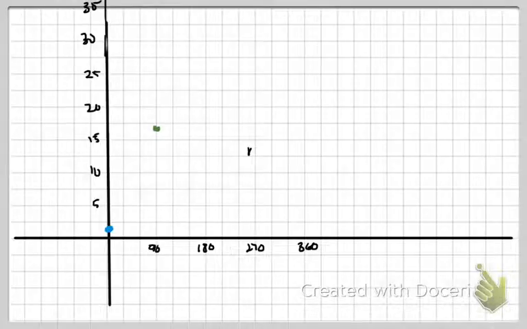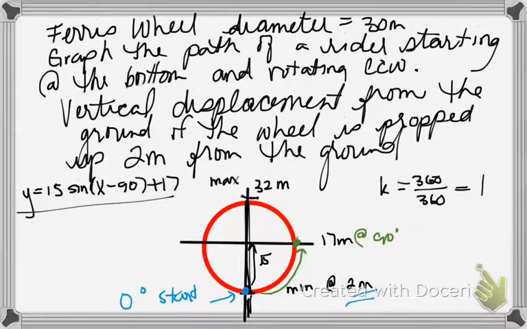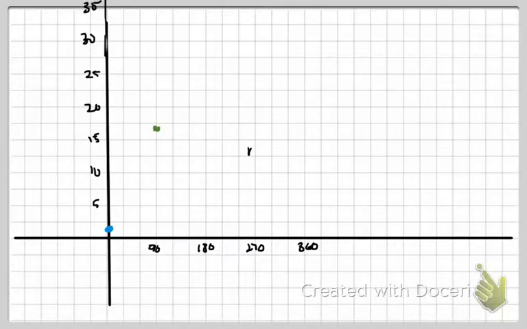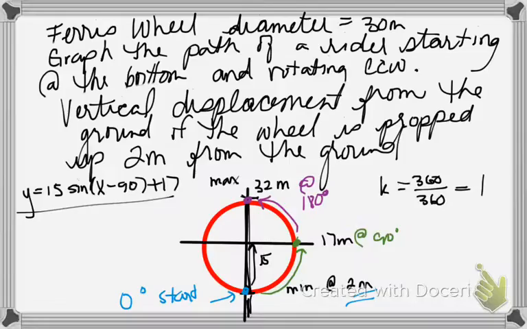Right about there. Okay, going back, we're going to rotate up to the next important point, which would be the maximum. And so far we have rotated 180 degrees. So 32 at 180. So 180, 32, be about there. Okay, next important point.